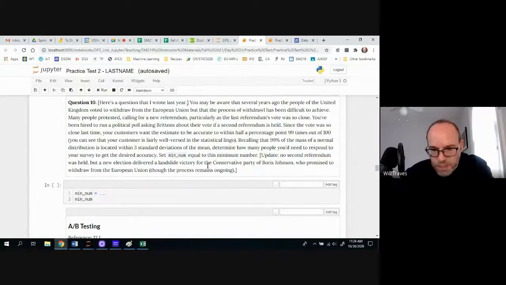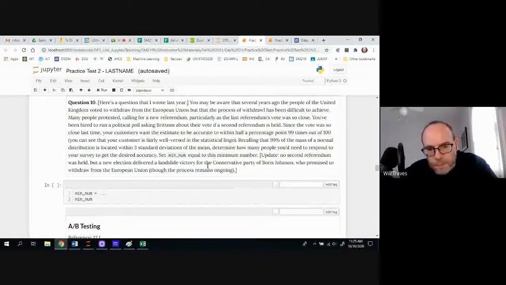And it's relevant here and told to us in the question that 99% of the values under a normal curve lie within 3 standard deviations of the mean. Okay.